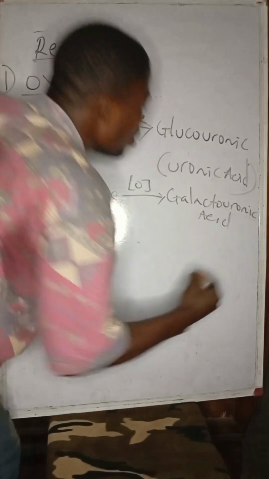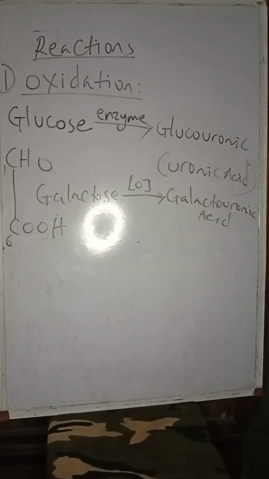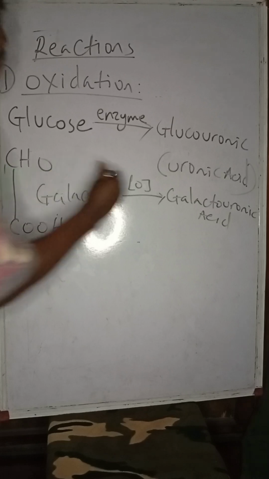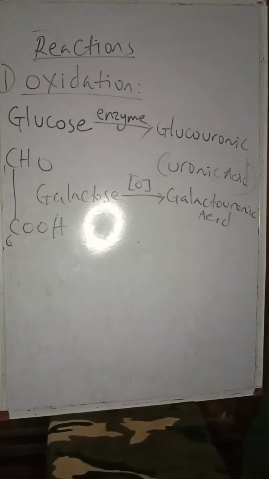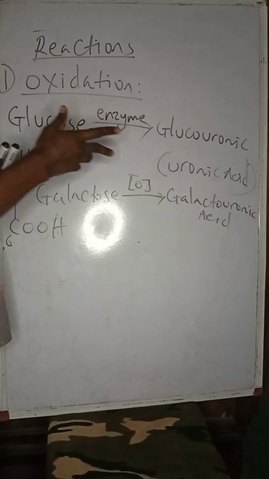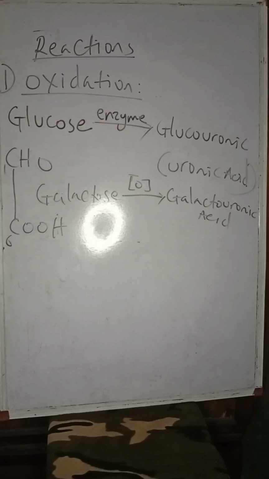This formation is done in the presence of enzymes. Chemical reagents might not be able to carry out this reaction. Where is the oxidation in the formation of uronic acid? Which carbon is oxidized? It's carbon 6.